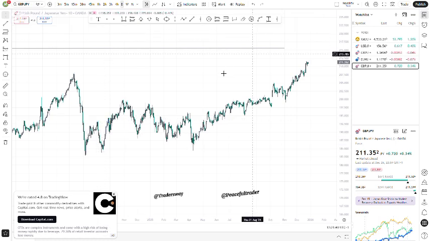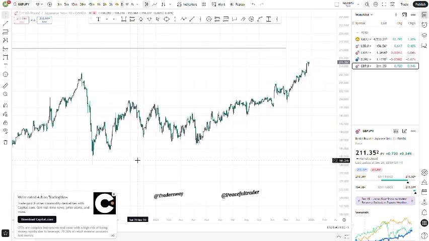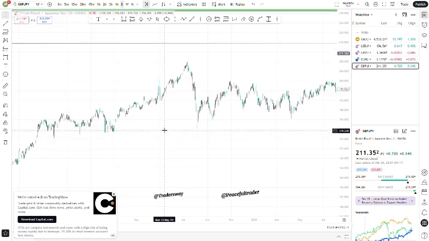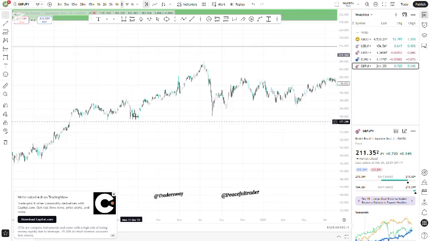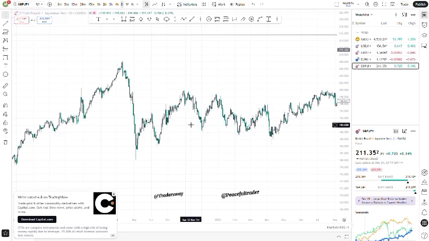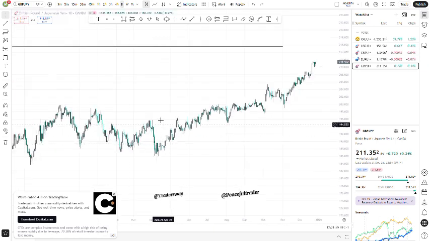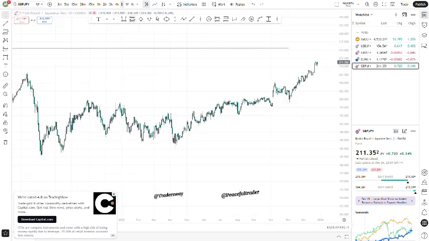But it doesn't look like a change of character to me. It doesn't look like a change of character because of, if you can tell me the reason why here doesn't look like a change of character, drop it in the comment section. So let's analyze this together.